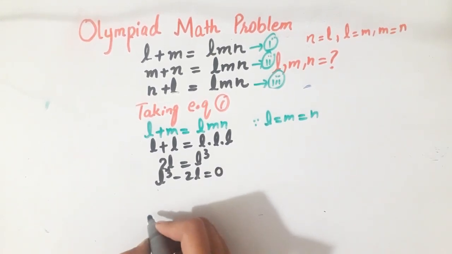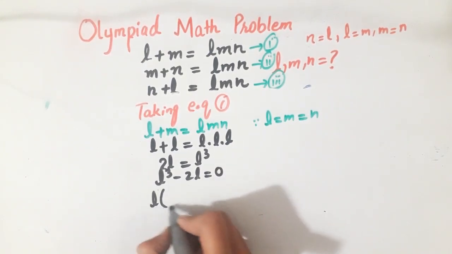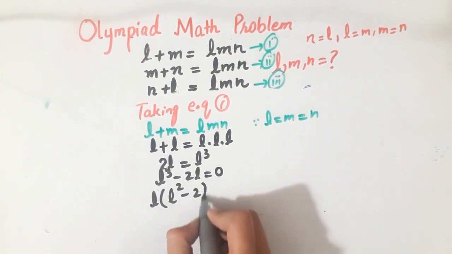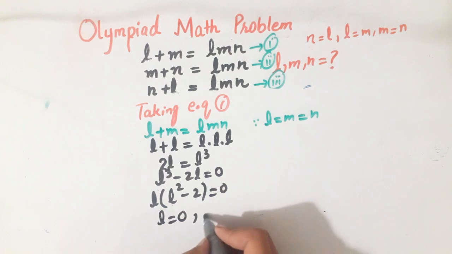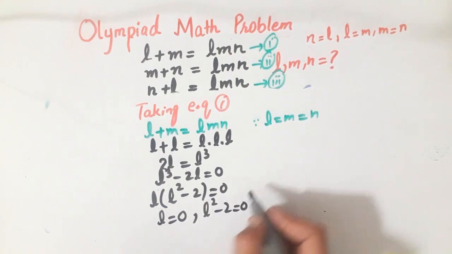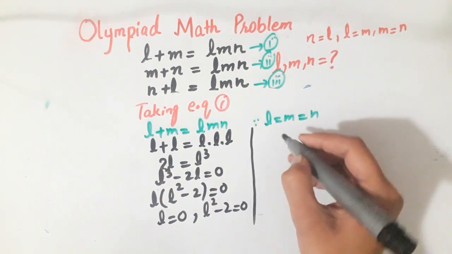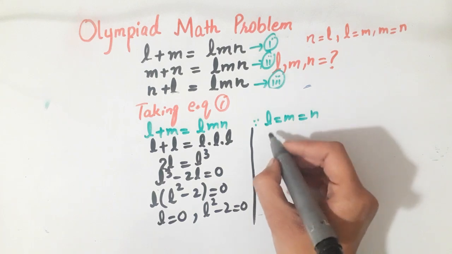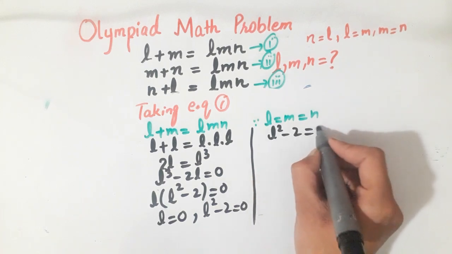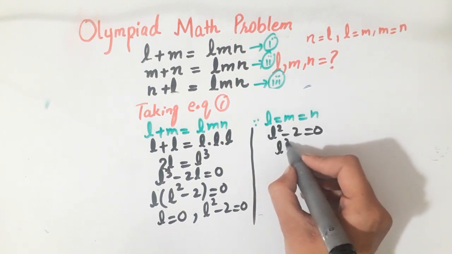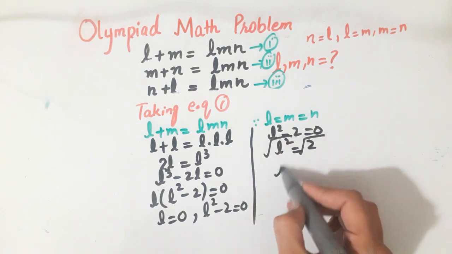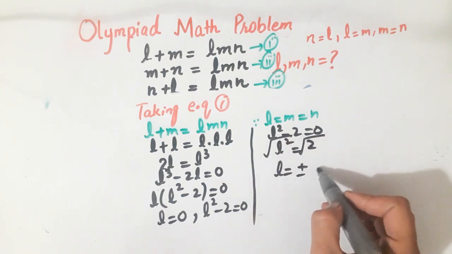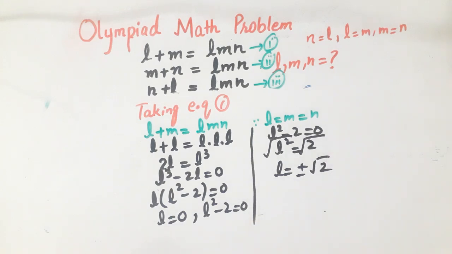Now we can take L as common from this. So L into L square minus 2 equals 0. L equals 0 or L square minus 2 equals 0. That implies L square equal to 2. Now taking the square root on both sides, L equals plus minus square root of 2.